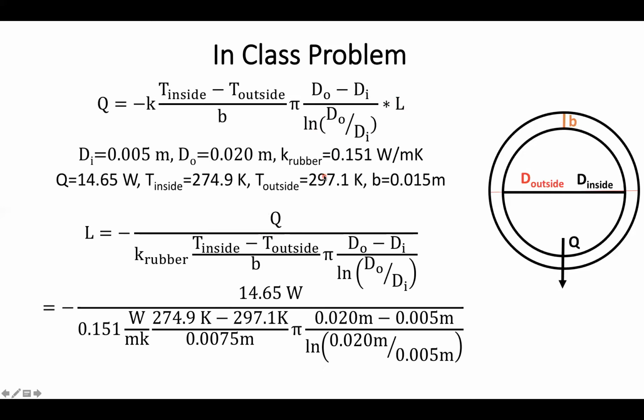The rest is a long series of plug and chug. Feel free to walk through this to make sure you're comfortable with the equations. But what we end up coming up with is I need about a 0.96 meter rubber tube of my ice solution essentially flowing through to maintain this constant heat transfer rate.